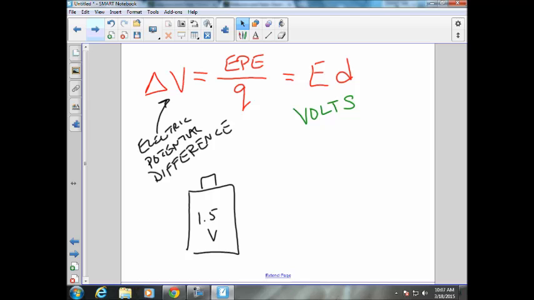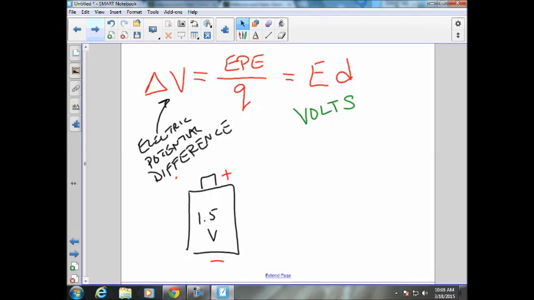But if you actually want to get that charge to move, you have to have a difference between one side and the other. It has potential, but you can only use that potential if there is a difference between this side and that side. Even the negative side on a battery has electric potential. It's just got 1.5 volts less electric potential than the positive side of the battery.